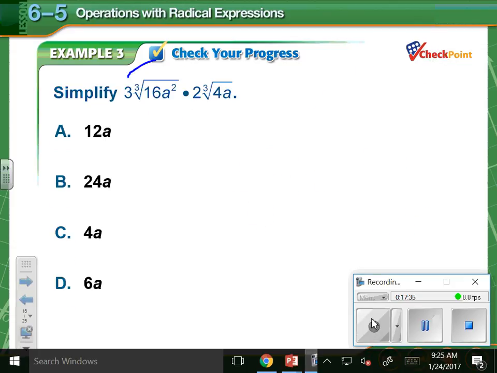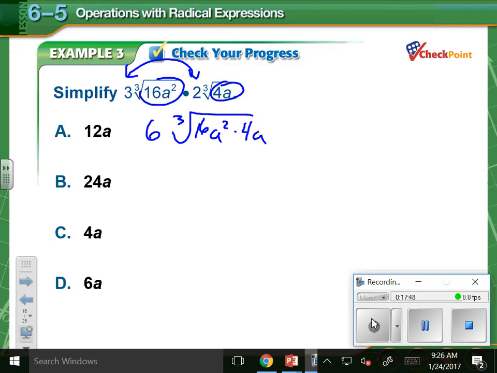The 2's and the 3's, the things that are outside, together are 6, and then the cube root. These two things can be multiplied together under the same cube root. And that just becomes 16 times 4, which is 4 to the third. Sometimes you see it, sometimes you don't. 16 was 4 squared, and then I had another 4.